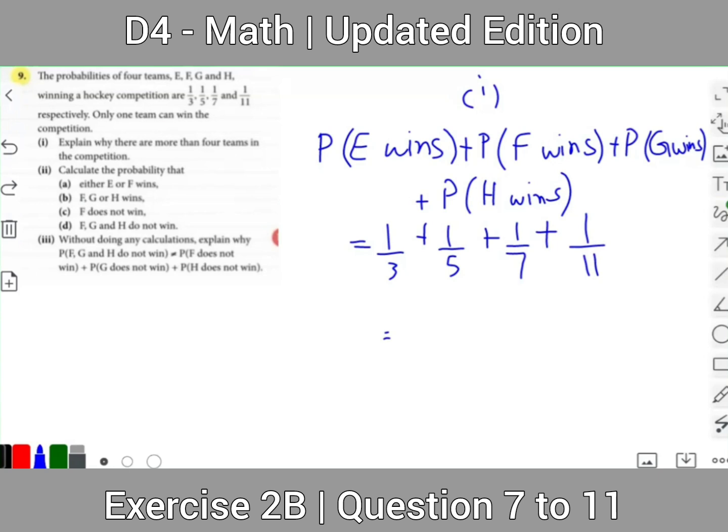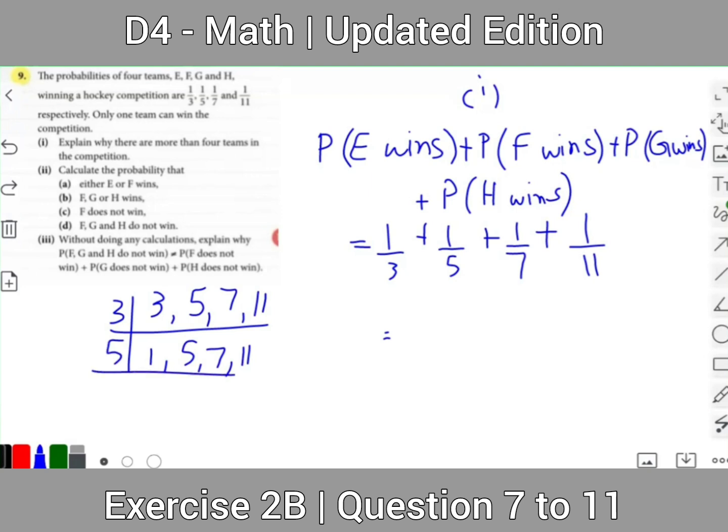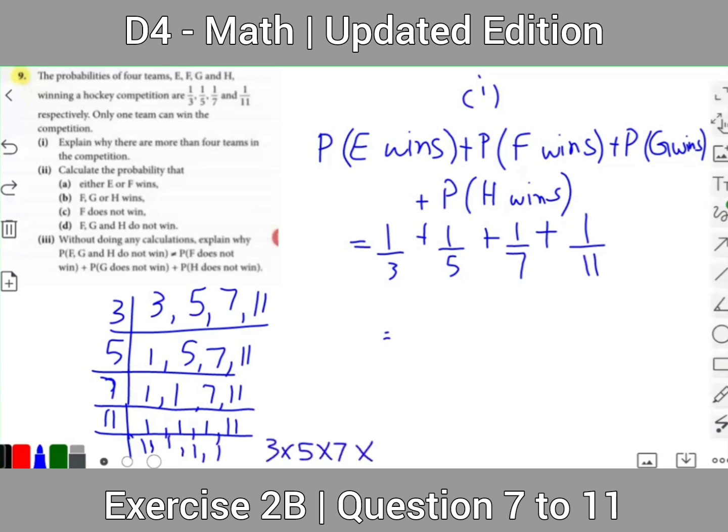Now we will take the LCM of these four numbers. Those are 3, 5, 7, and 11. Now we will take the product of these four numbers. Those are 3, 5, 7, and 11.